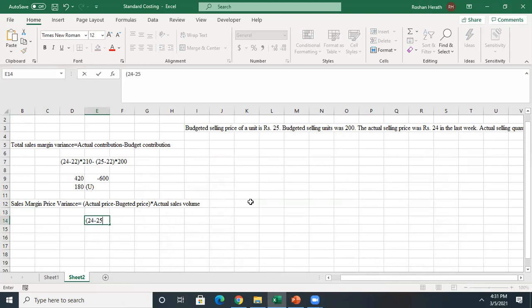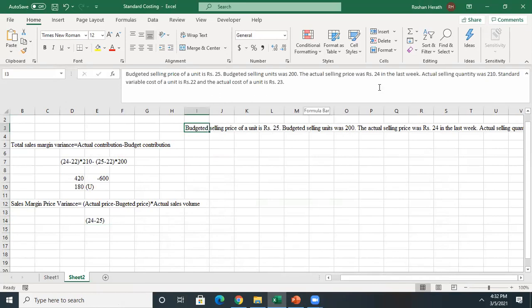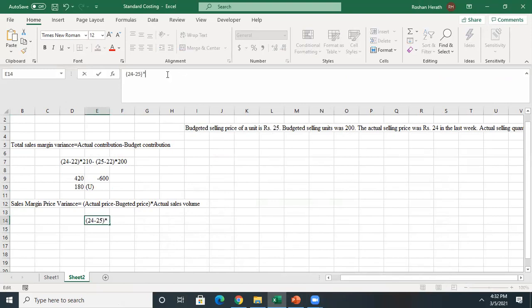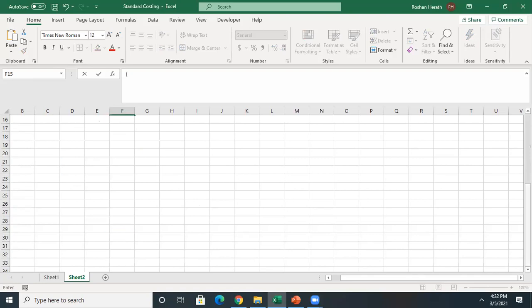Budgeted, you thought of selling at 25. Then how many units could you manage to sell? Actual selling quantity, it's 210. So it's 1 into 210. What kind of difference is that? Actual price is less than the budgeted price. So it's obviously an unfavorable one.